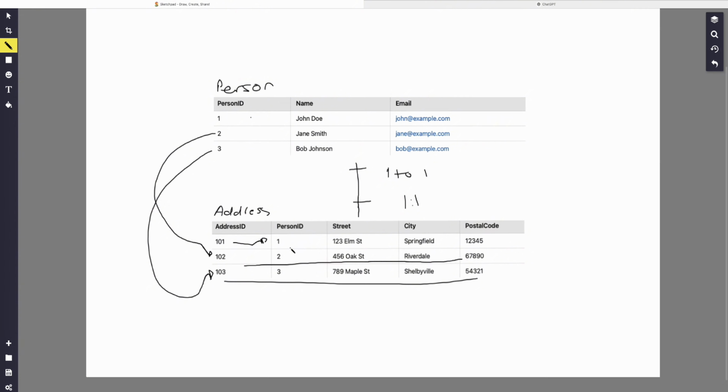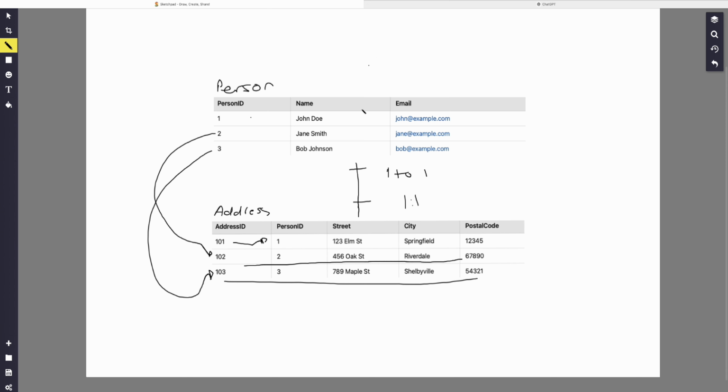There's no instance where another row or record is added where John Doe now also lives on Maple Street and Elm Street or something like that. Okay. Now, what I want to talk about too is participation. As you can see here, we haven't really spoken about the participation, how that affects these particular tables.